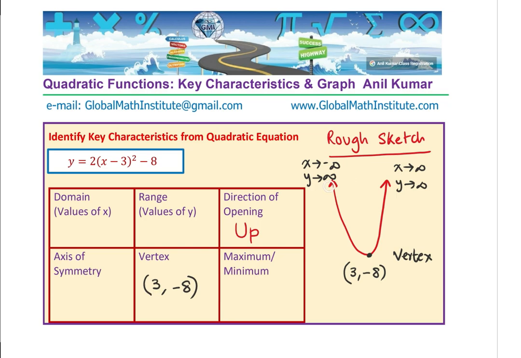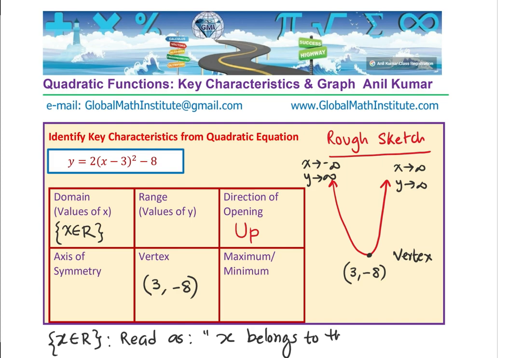Well, you can always see that all quadratic functions have no restrictions, and the domain always is that x belongs to real numbers. Right. So this symbol, when I say x belongs to real numbers, how to read this? Read as this. x belongs to the set of real numbers.